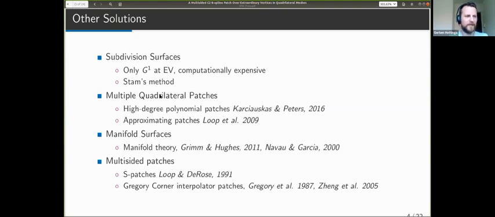Many techniques have chosen to evaluate the irregular regions using multiple quadrilateral patches. This results in high degree polynomial patches, or also approximating patches, such as HC2. Then there's also another class of manifold surfaces. I won't go into detail about this, but they are very theoretical.